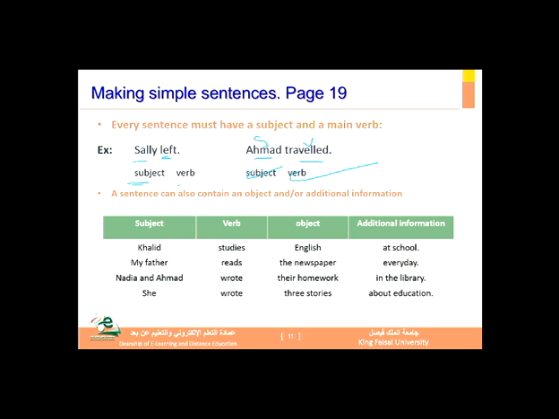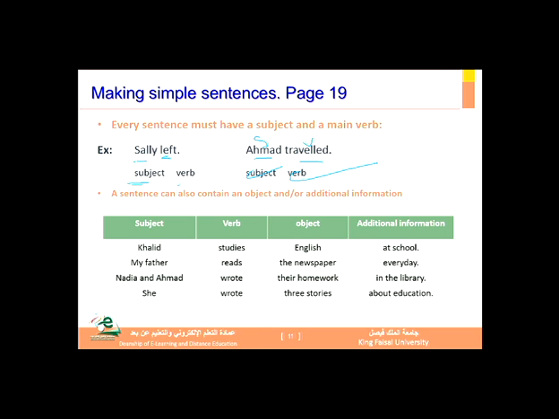Khalid studies English at school. The word Khalid is the subject. The word studies is the verb. Then what does Khalid study? He studies English. So this is the object. Do we have more information? Yes. Where does he study? He studies at school.